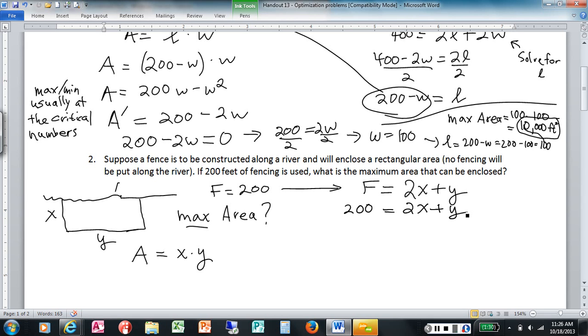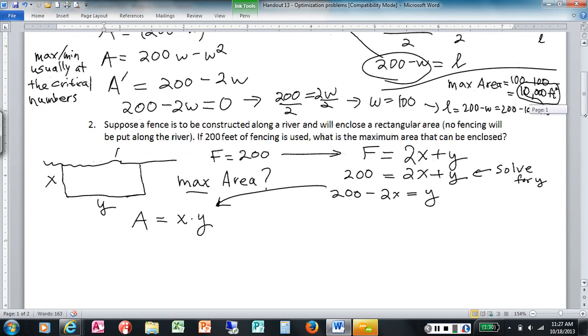Right? And so, looks like to me, solving for y there would be easier. Solve this one for y, and then substitute that for the y in the other equation. Subtract 2x. This one turns out pretty easy. So I just substitute that in for y in the area equation. With me?